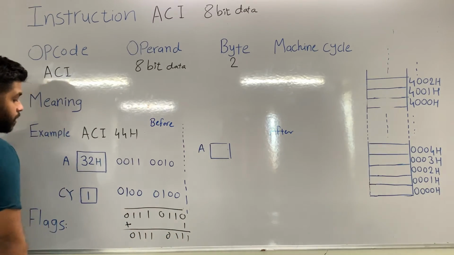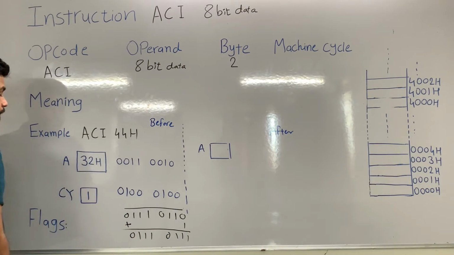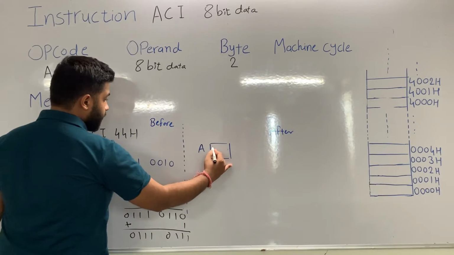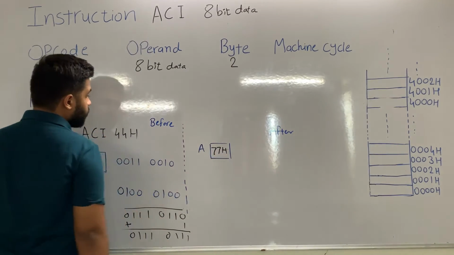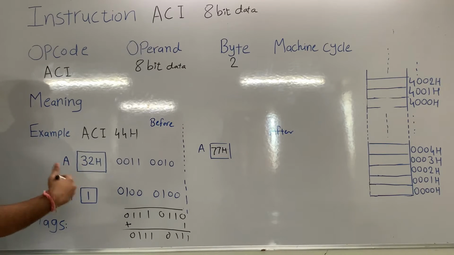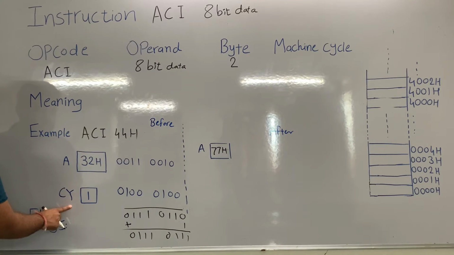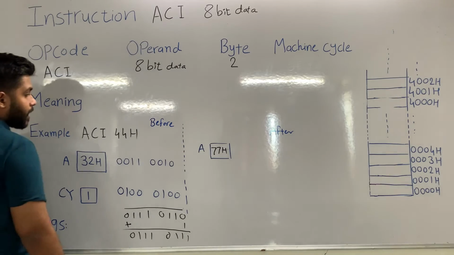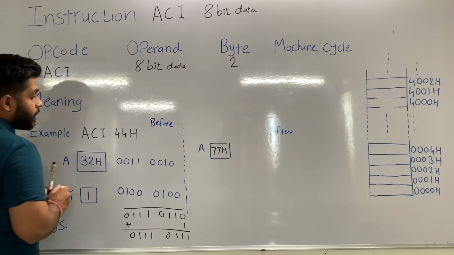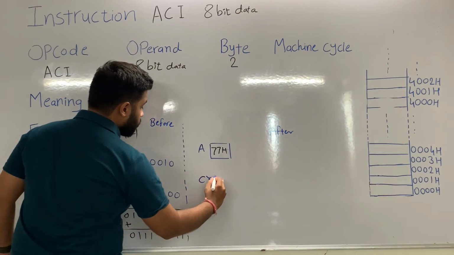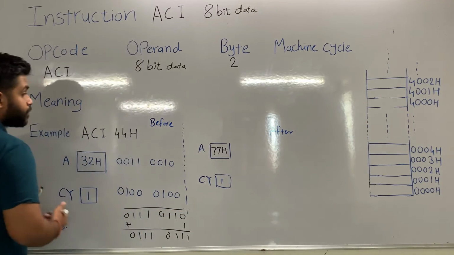If you convert this number into hexadecimal, you will get 77H, and the answer will be stored in the accumulator. So in the accumulator, 77H will be present. After the execution, the content of the carry flag will not change. So the value in the carry flag will remain unchanged.